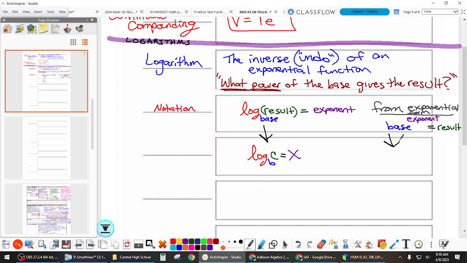Just move stuff around and take out the word log. So you'll have b to the x equals c. And c is some number. Okay, you're starting to kind of see the connection.